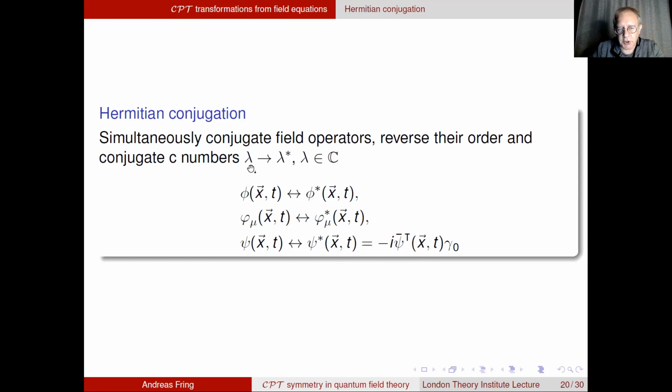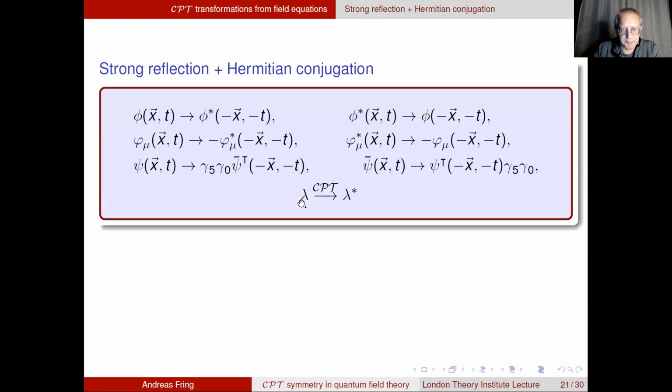And also conjugation, of course, conjugates numbers. So lambda goes to lambda conjugate if that appears somewhere in the term I'm acting on. This psi conjugate is just conveniently written as the adjoint spinor, the transpose multiplied by gamma 0 from the right. That's just the definition used for the adjoint spinor.